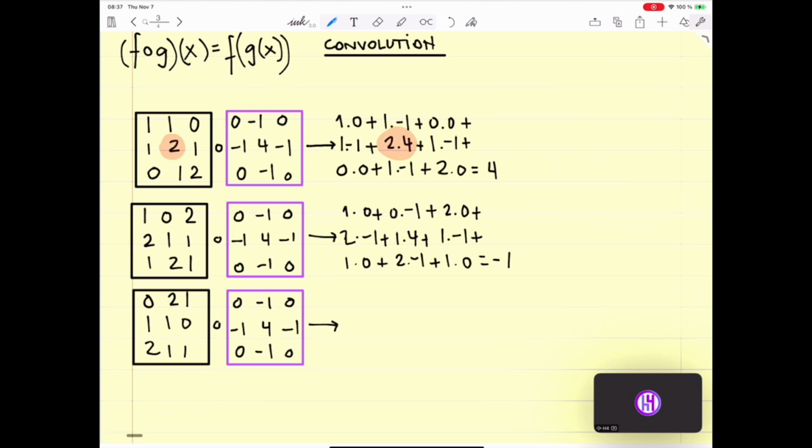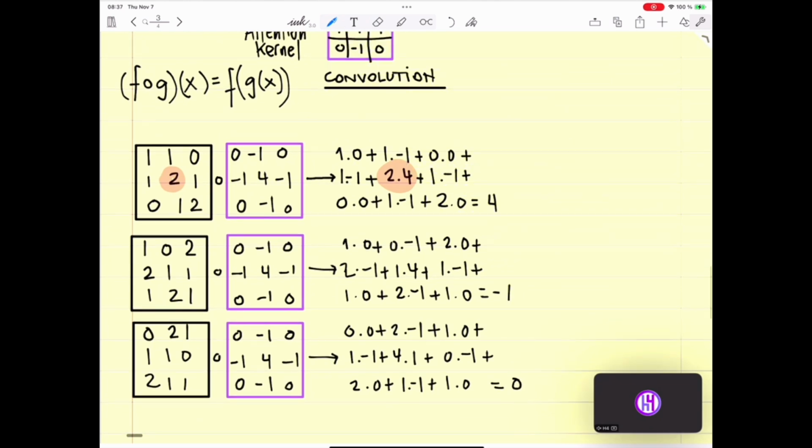So if you do that, 0 times 0 plus 2 times minus 1 plus 1 times 0 plus 1 times minus 1 plus 4 times 1 plus 0 times minus 1 plus 2 times 0 plus 1 times minus 1 plus 1 times 0, that's minus 2, minus 3, plus 1, 0.